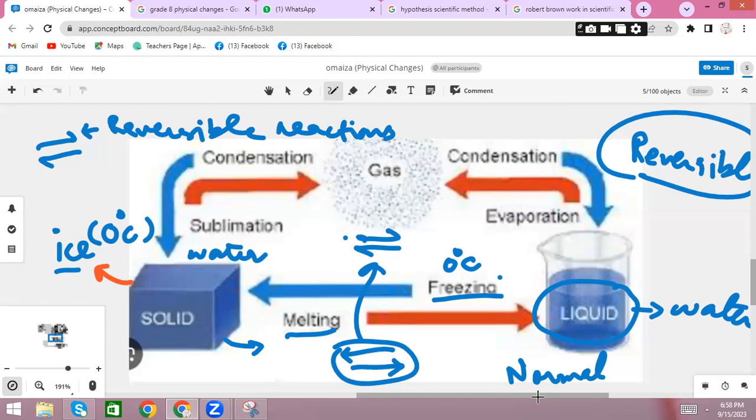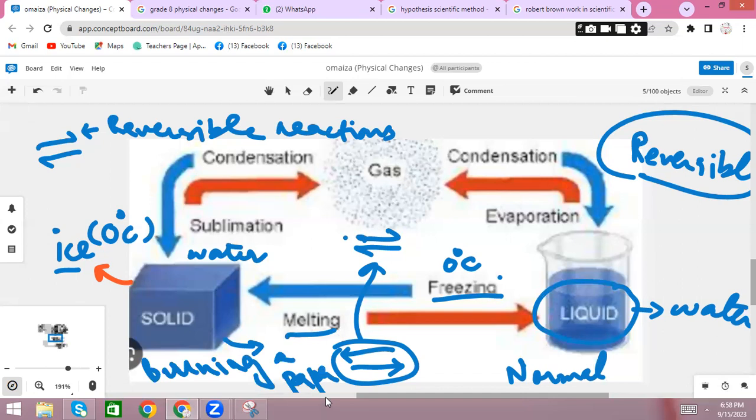However, if you have just added anything into water and it solubilized, and we cannot take that back, that is an irreversible reaction. Like burning a paper. If you burn a paper, what happens?